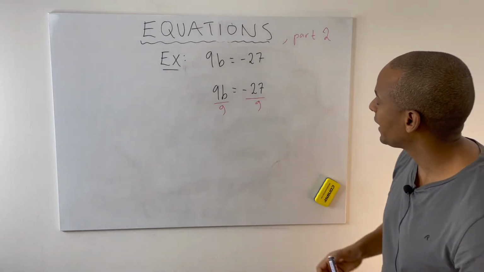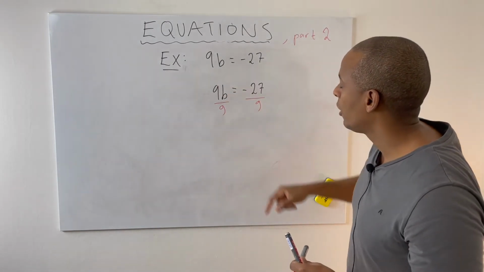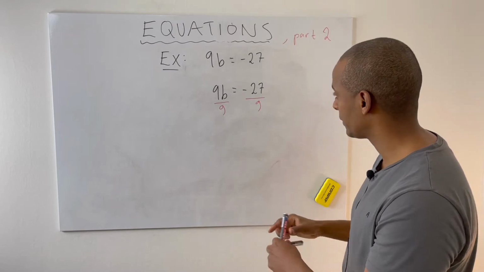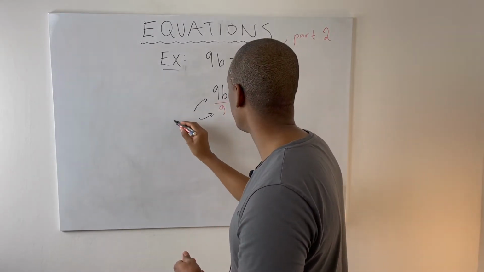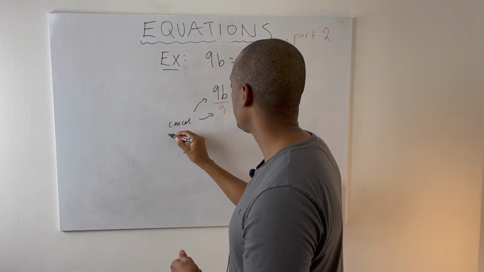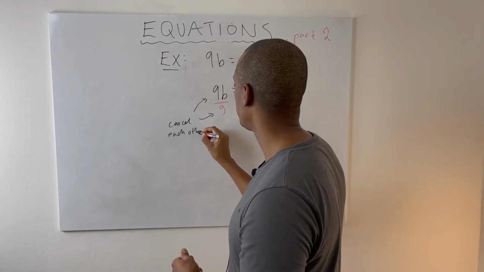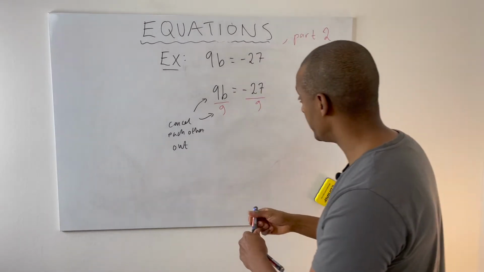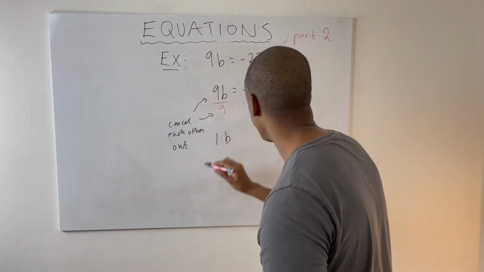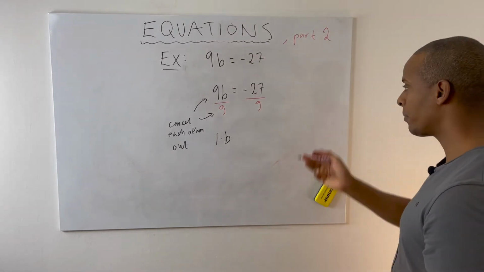And now we see here that this 9 and this 9 are going to cancel each other out, right? So we're going to end up with 1 times b. 9 divided by 9 is equal to 1.